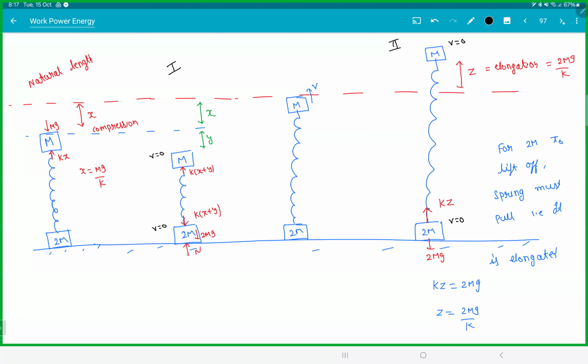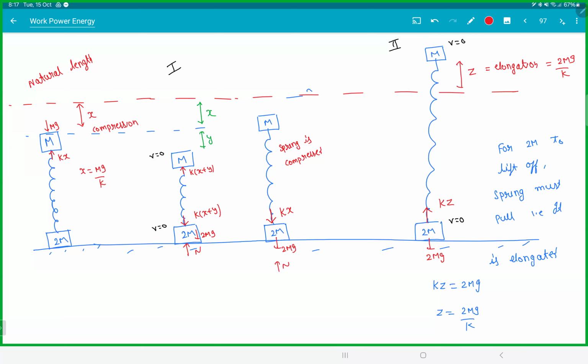Please understand this diagram first. Ask me if you're confused. If I draw one more intermediate stage, when it is somewhere here, the spring is still compressed. When the spring is compressed, the spring will push you down. Mg is also down. Why will it go up?